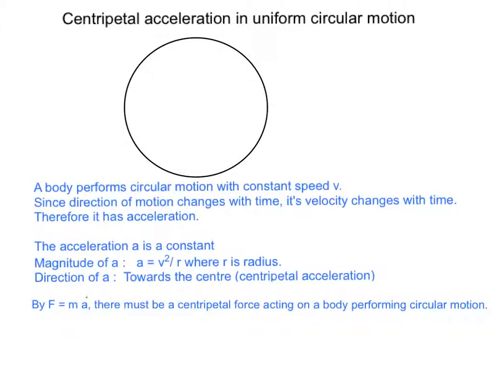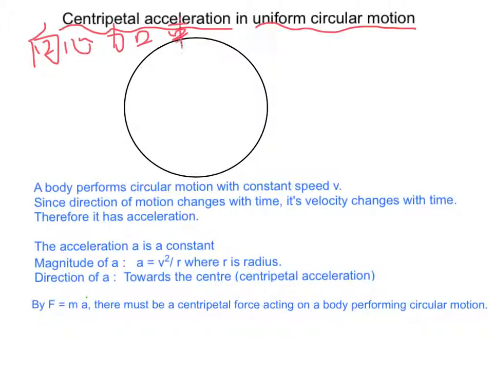Now let's look at the centripetal acceleration in a uniform circular motion. Centripetal acceleration means 向心加速. Consider a body performs circular motion with a constant speed v.